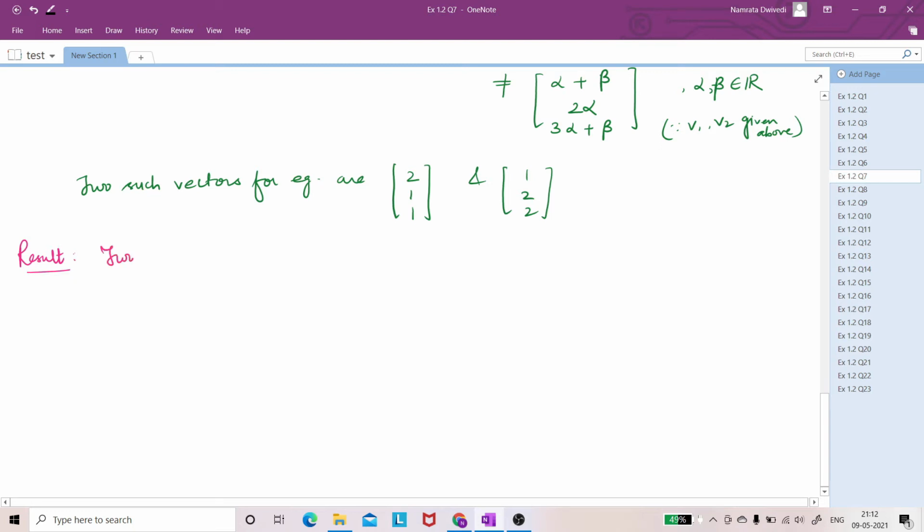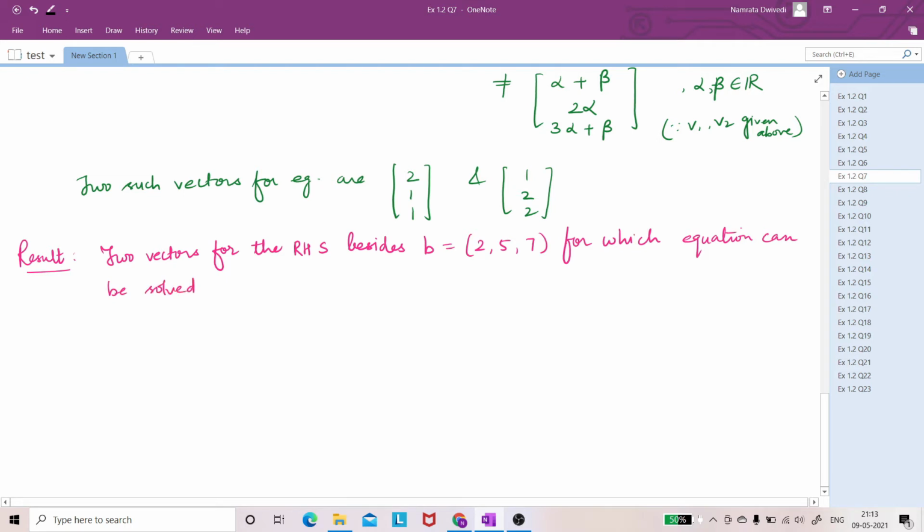So it can be summarized: two vectors for the right hand side, RHS, besides B, which is 2 5 7, for which the equation can be solved: 3 5 8 and 1 5 6.